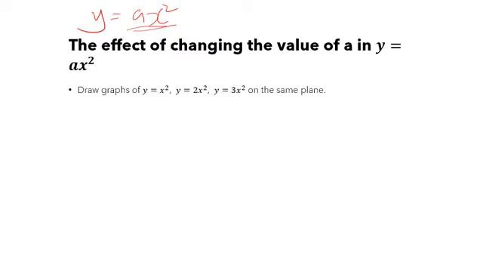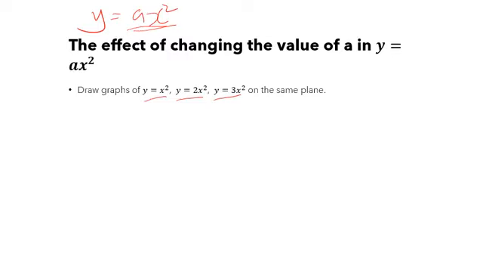Now here we want to begin by looking at how the constant a affects this quadratic graph, that is, if you change the constant a. In this case, we have these three quadratic functions: y is equal to x squared, y is equal to 2x squared, and the last one, y is equal to 3x squared.